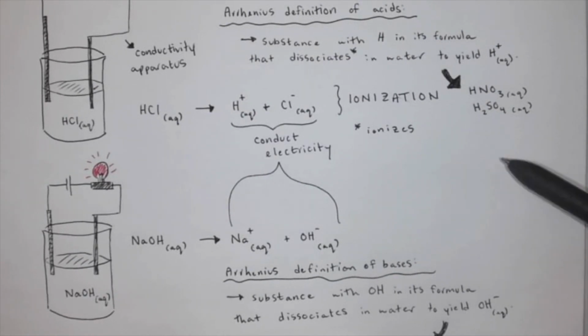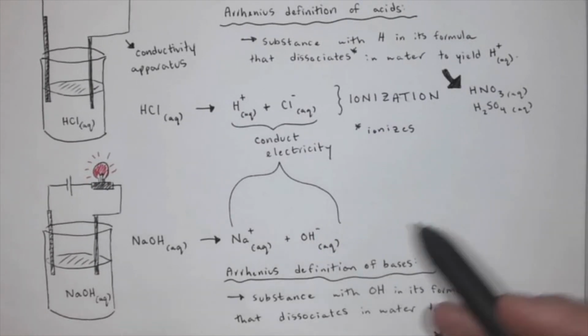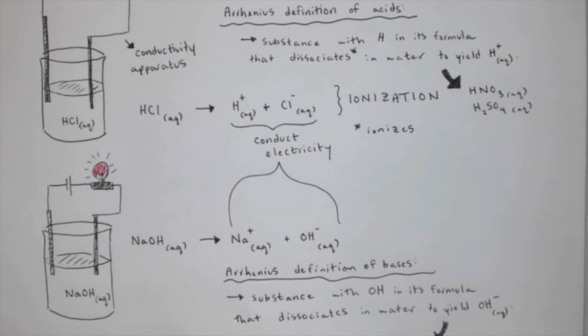This is a theoretical explanation as to what an acid and a base is that kind of helps explain the conductivity we notice here. It doesn't quite yet explain pH and litmus paper turning blue or red, but we're going to get to that shortly. All right, see you in the next video.